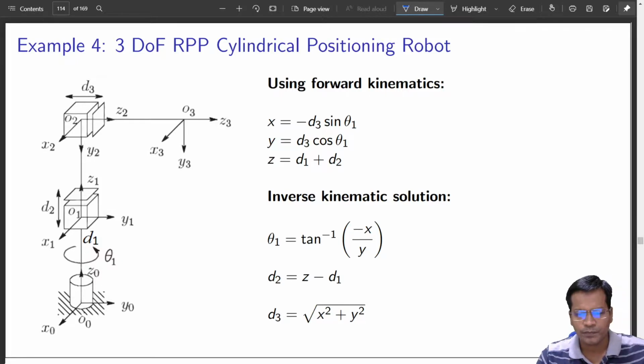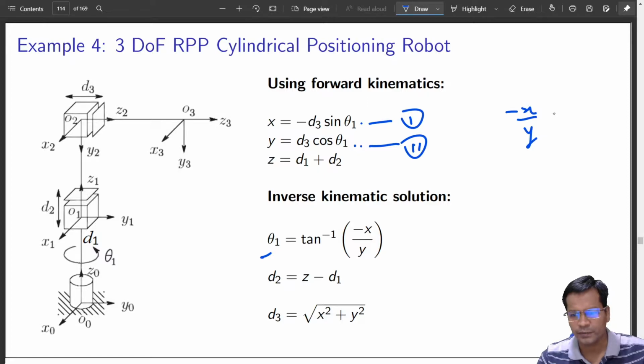Okay, going to this, it can be quickly done. You see, theta 1 is simply, if you take x by y, using equation 1 and equation 2, if you just divide them, you get theta 1 equal to tan inverse of minus x by y, is it not? Is equal to tan of theta 1.